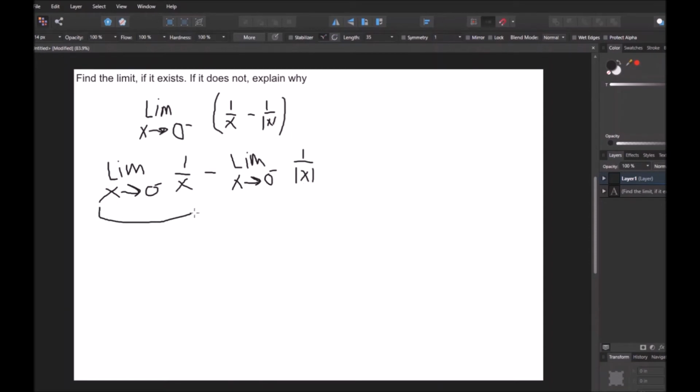So if we just look at this limit right here, we're saying that the values are going to be smaller than 0 and getting closer and closer to 0. So it's going to go from -1/4 to -1/16 to -1/32 and things like that. They're going to stay negative, but they're going to get increasingly small.